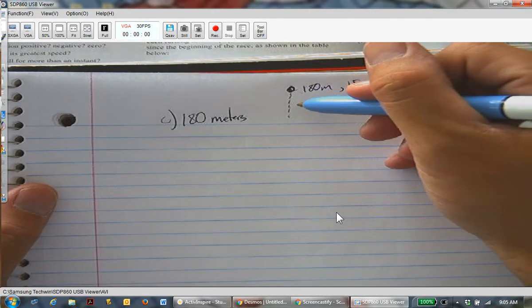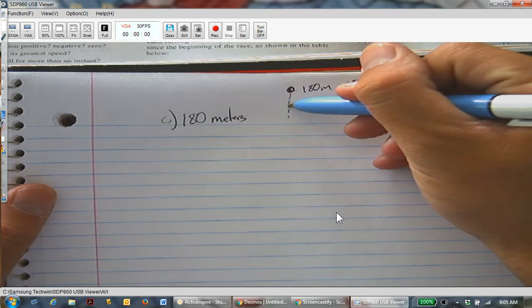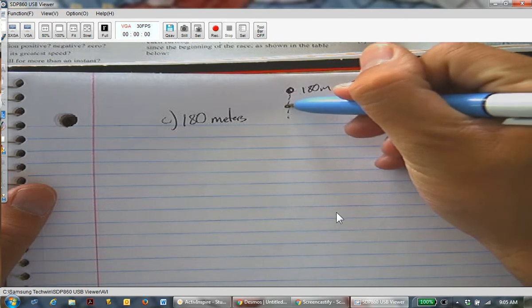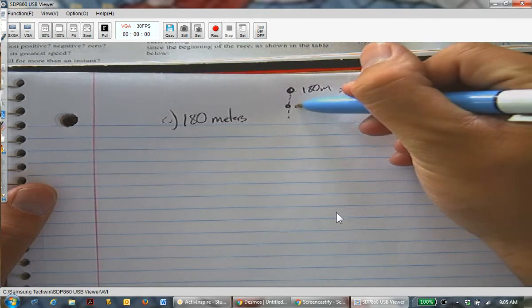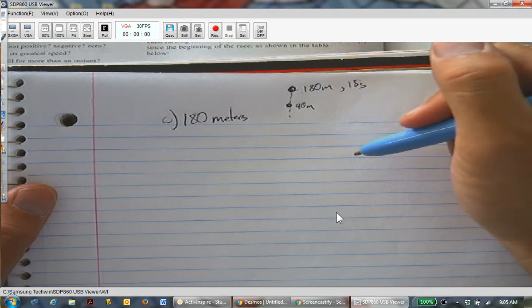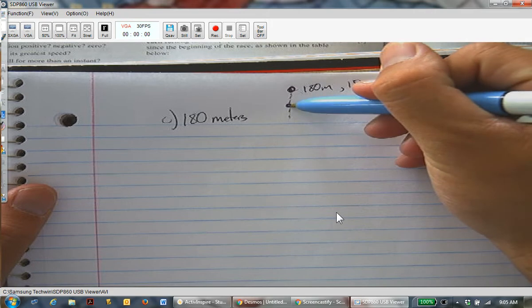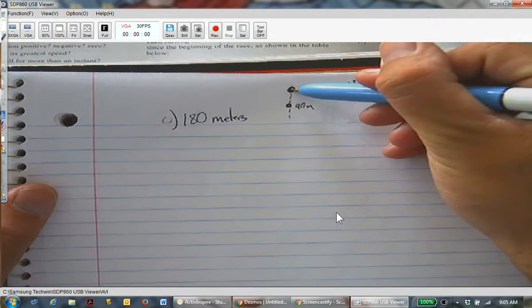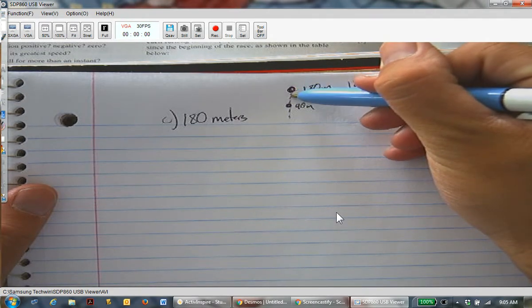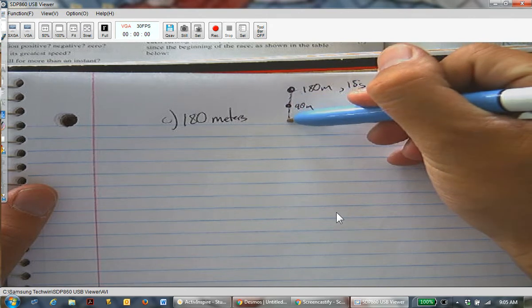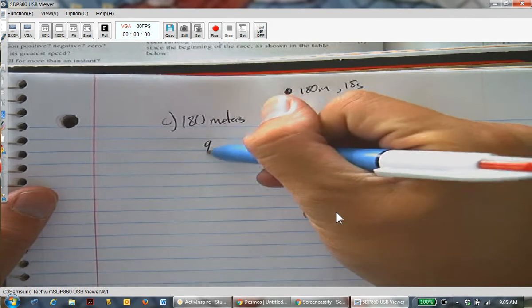We want to know exactly how much time it took for the rock to get up to at least half that maximum point, either going up or going down. Halfway and then down. So we're going to say 90 meters.